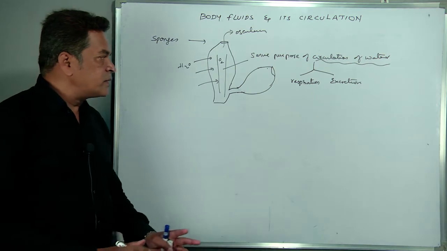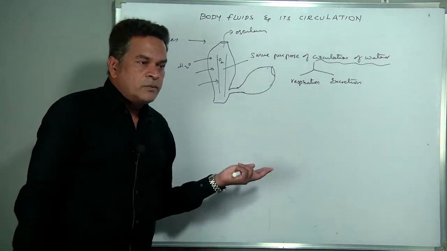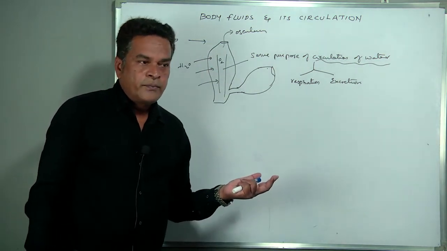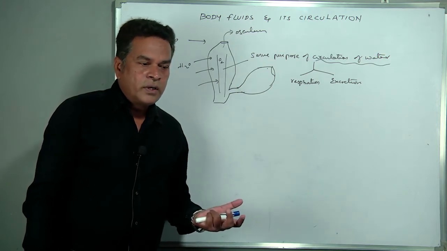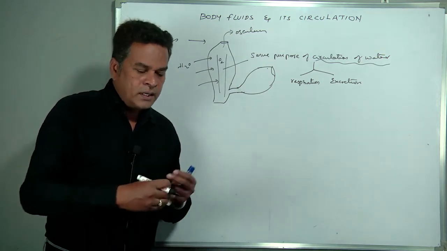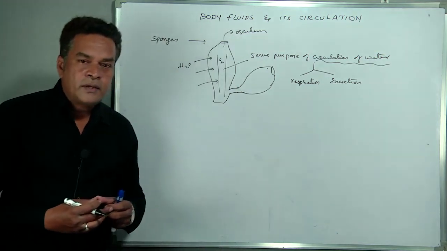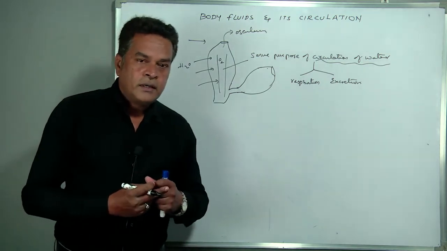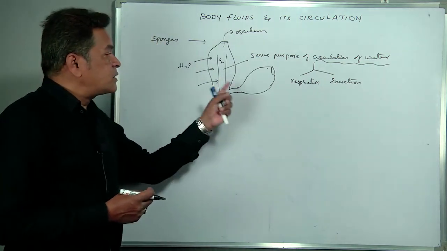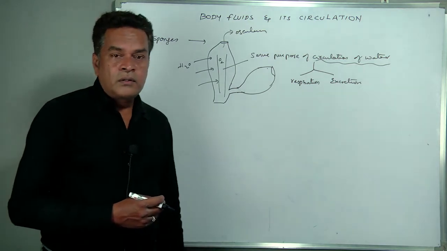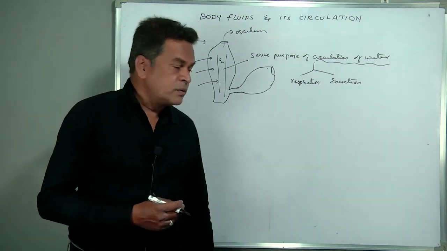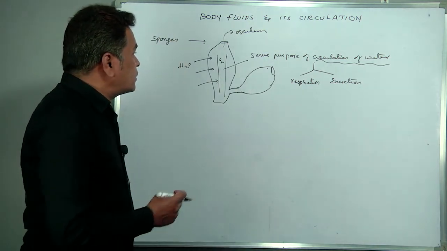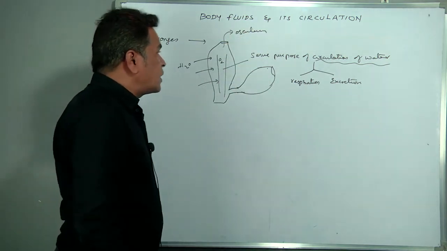Here it is actually not a system, but sponges are very simple organisms. Their body is very simple, they don't require a system, but water itself serves the purpose of distributing the oxygen and eliminating the waste through the osculum.